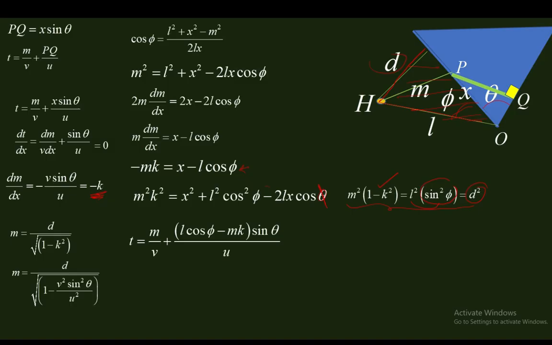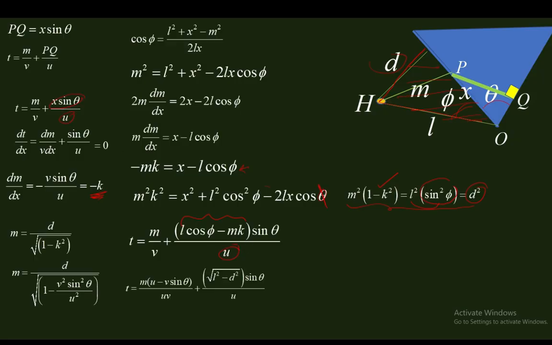From this equation, if you find x, it will come out as L cos phi minus mk. So I've put the value of x here, L cos phi minus mk, and the remaining term, x sine phi upon u.